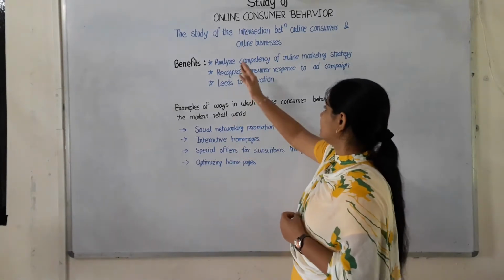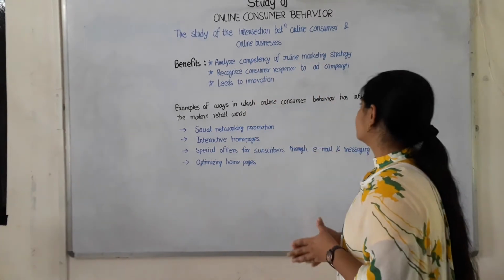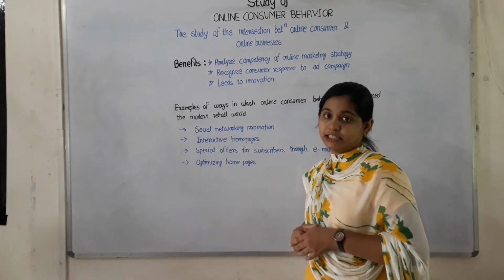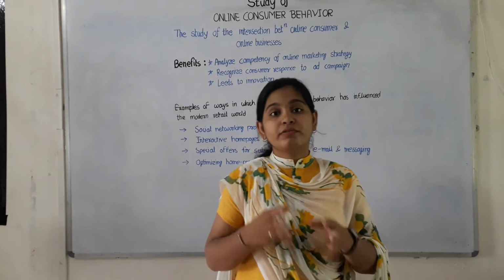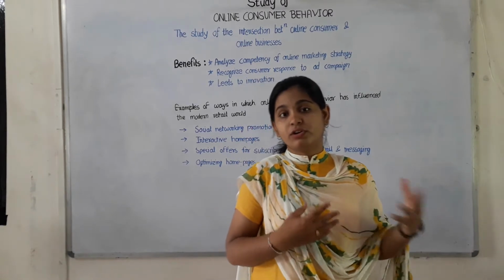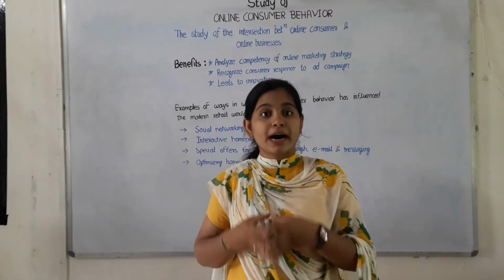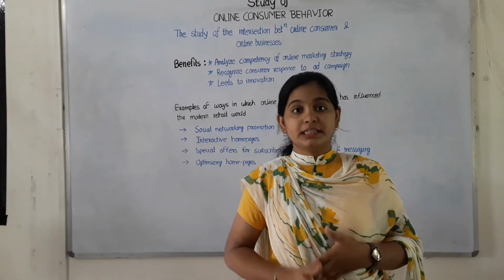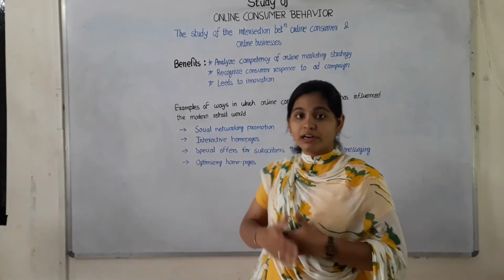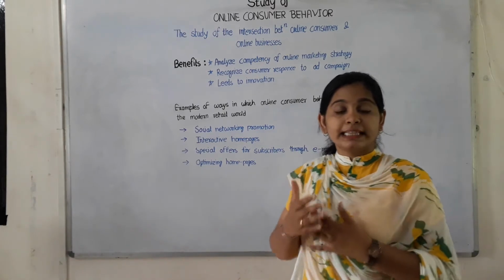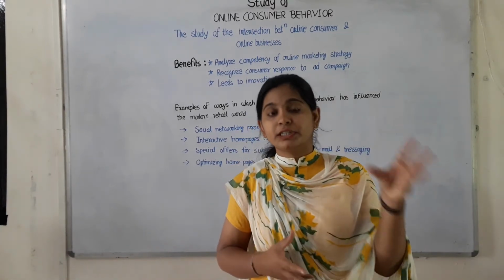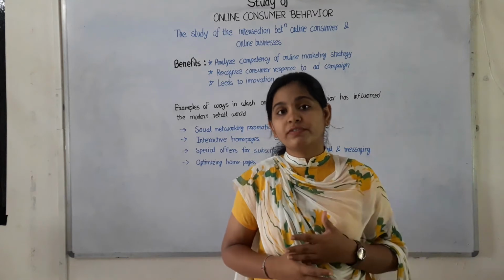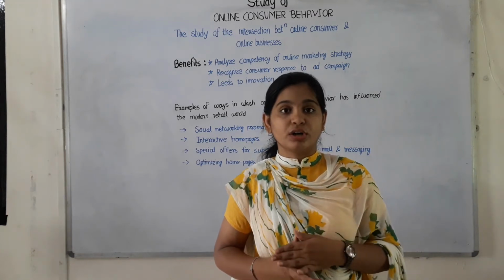The first one is to analyze the competency of an online marketing strategy. With the help of knowing the consumer behavior on online platforms, a marketer or analyst can analyze the competency of any online marketing strategy. They can identify whether the particular strategy will work on various online platforms or not.